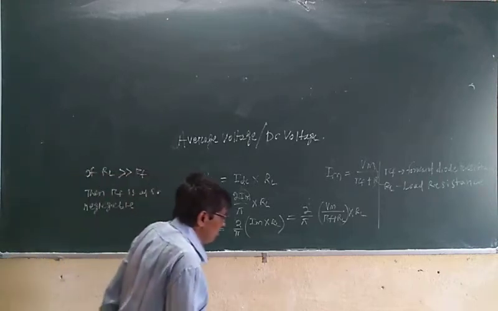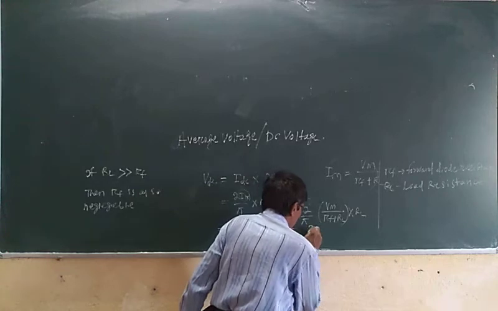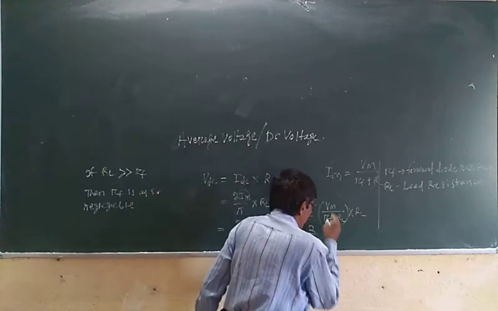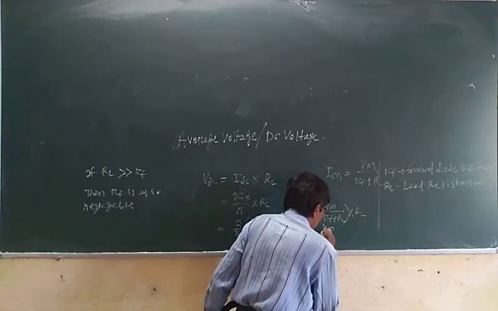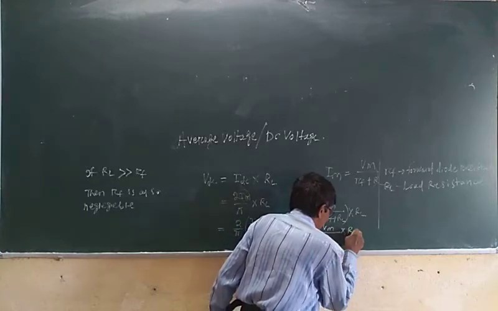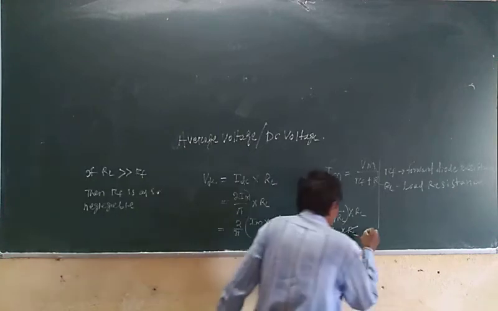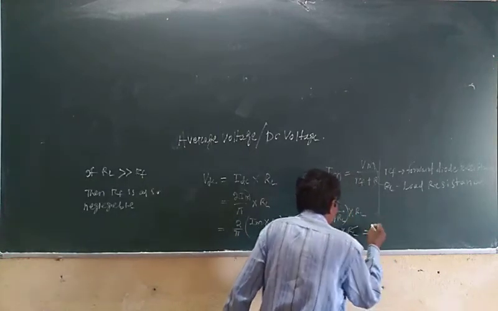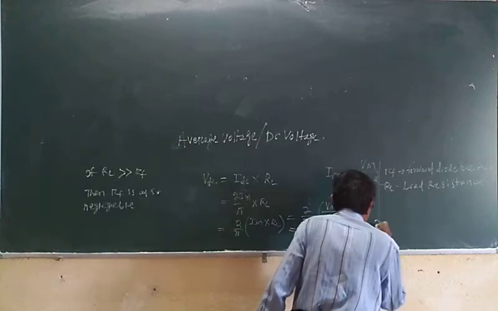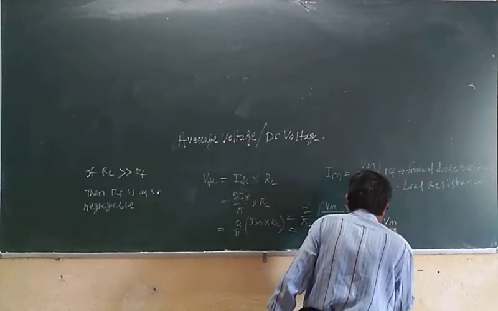Now here we see 2 by pi, that is Vm divided by RL into RL. Now RL cancels. Then finally we get 2 Vm divided by pi.